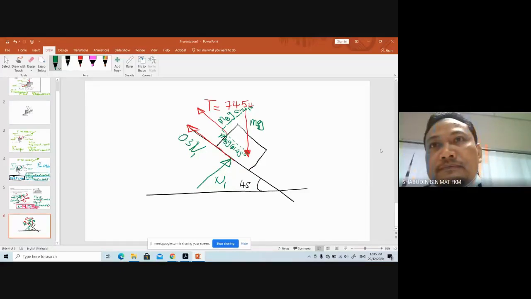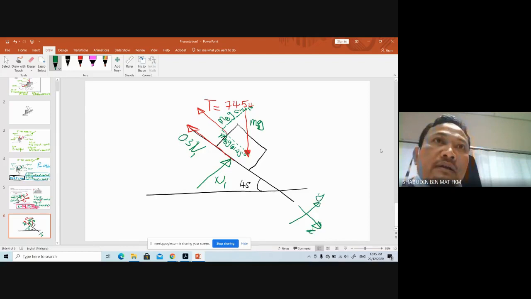You may take x positive that way and y positive that way. This is x, this is y.